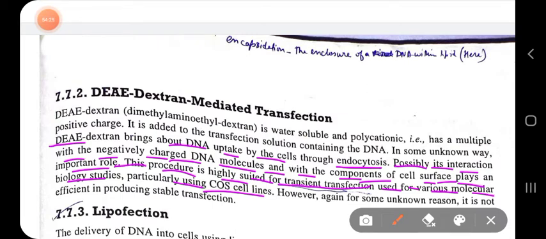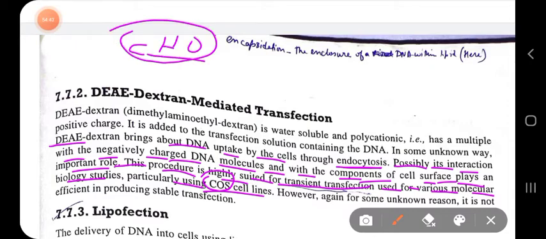Well, what are COS cell lines? I have to see. The most commonly used cell line that we know is the Chinese hamster ovary cell line, known as CHO, but COS I don't know. The Chinese hamster is a type of guinea pig normally grown in China, and it is employed for a wide range of genetic studies because it is a mammal.